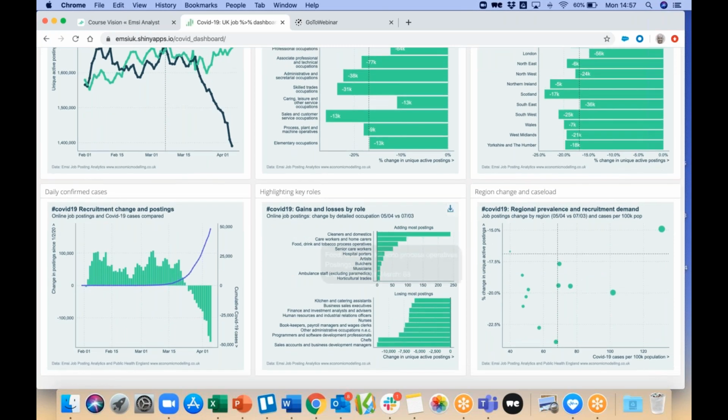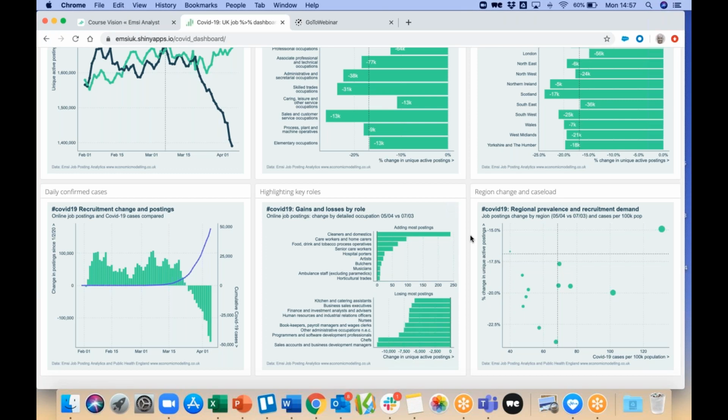And we can see in this screen, quite small there, the top jobs which are still recruiting, the ones which are still being recruited for, and then this bottom chart is the ones which are actually in decline. So which occupations are seeing the biggest decline in terms of that job posting analytics. So keep an eye on that dashboard.